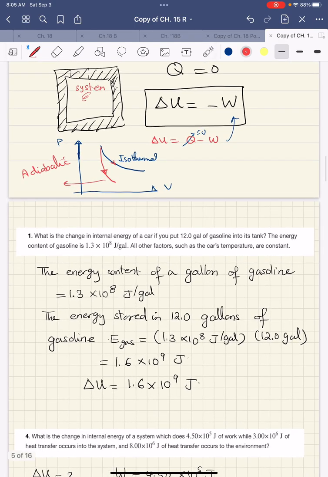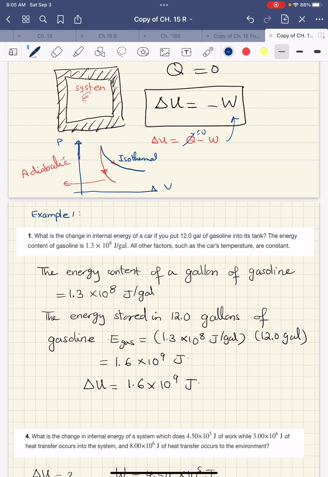Okay, here are some of the examples that I have prepared for you. What is the change in internal energy of a car if you put 12 gallons of gasoline into its tank? The energy content of gasoline is 1.3 times 10 to the 8 joules per gallon. All other factors such as the car's temperature are constant.